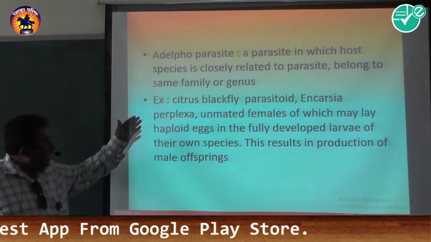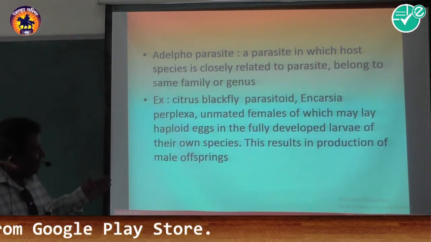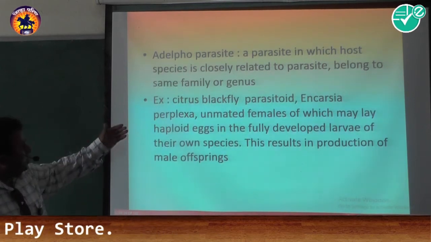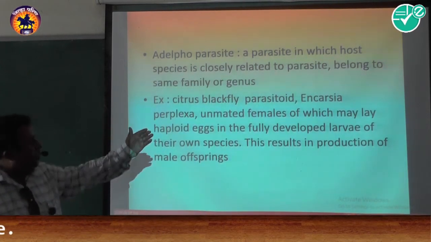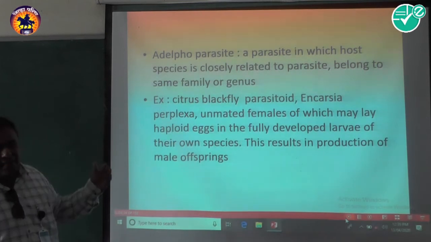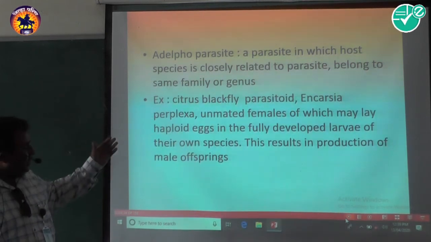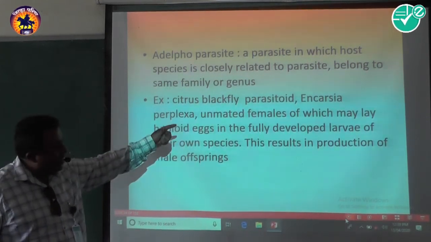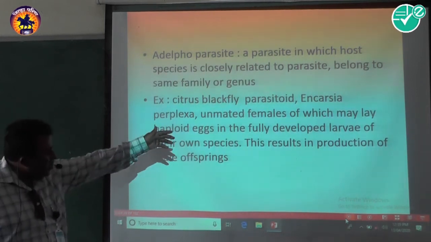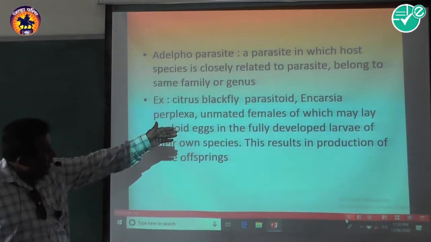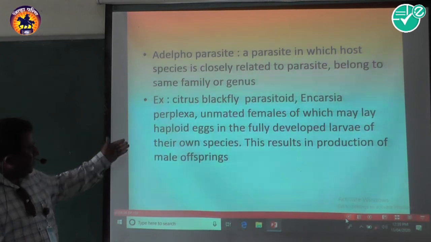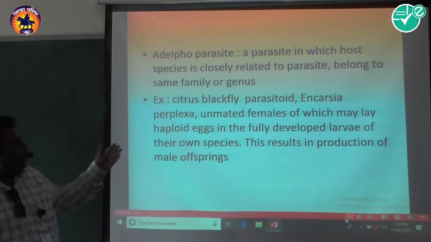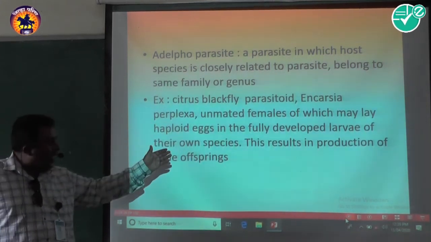Then adelphoparasite, a parasite in which the host species is closely related to the parasite, belonging to the same family or genus. The example is the citrus blackfly parasitoid Encarsia perplexa, unmated females of which may lay haploid eggs.